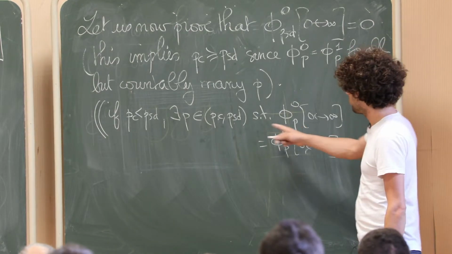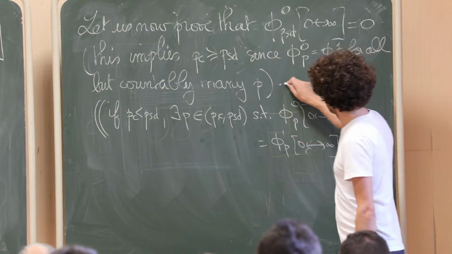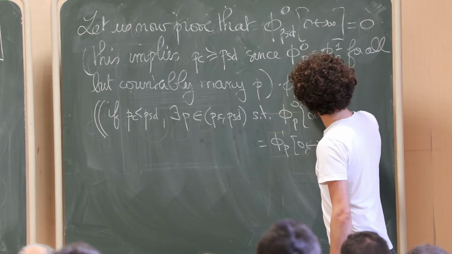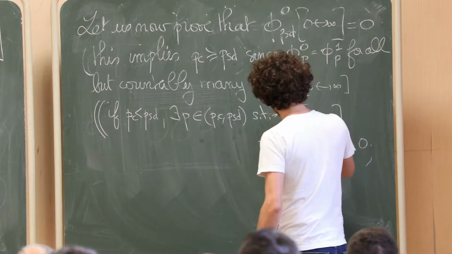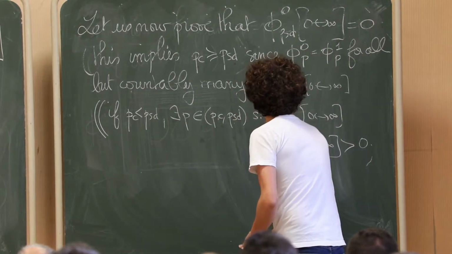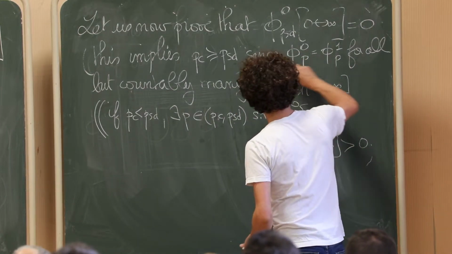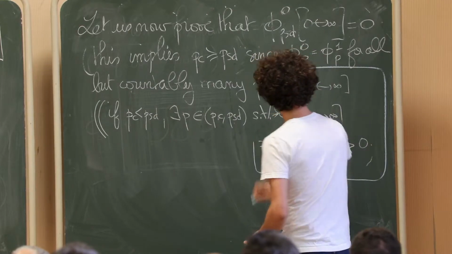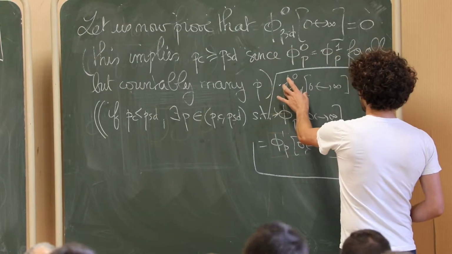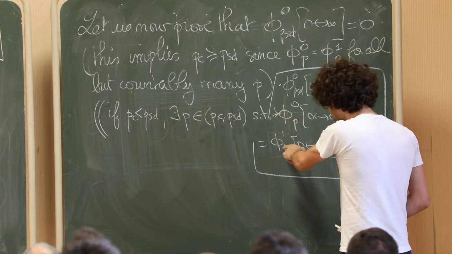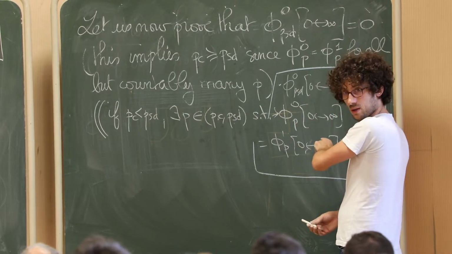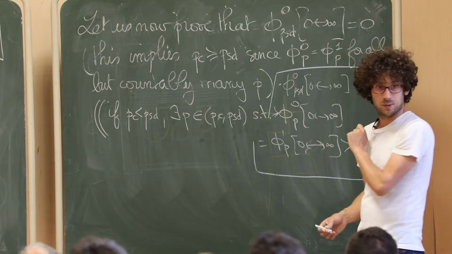So what would you get? You will get that phi 0 p self-dual would be larger or equal to phi 0 p, which is equal to phi 1p of the existence of infinity, which is strictly positive.